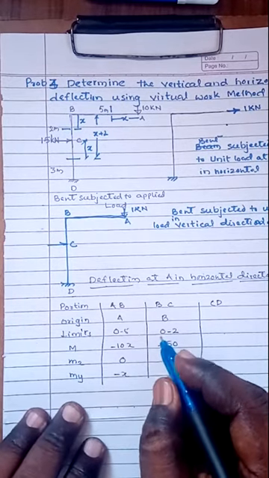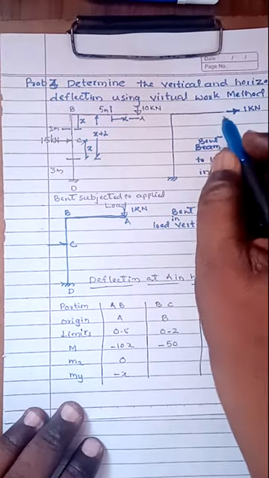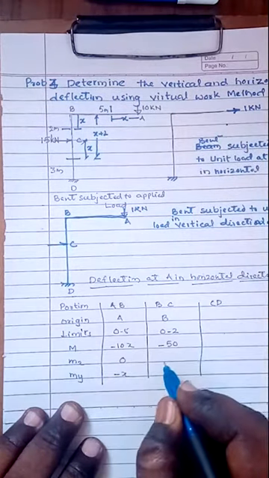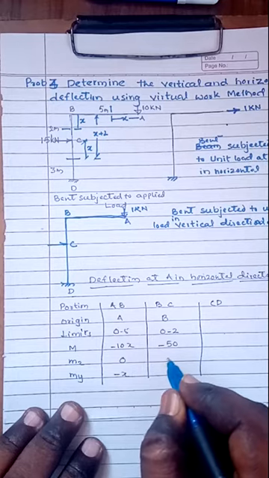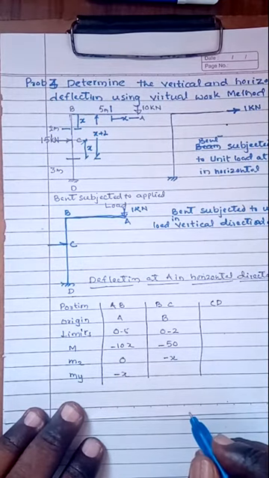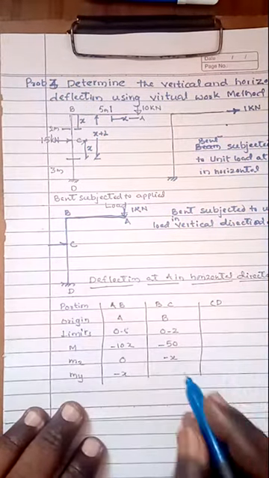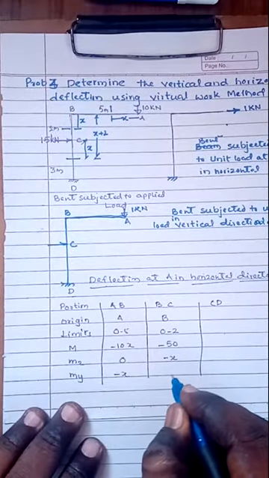Due to the horizontal unit load, it is minus 1 into x, that is minus x. Due to the vertical unit load, it is 1 into the distance 5, that is minus 5.